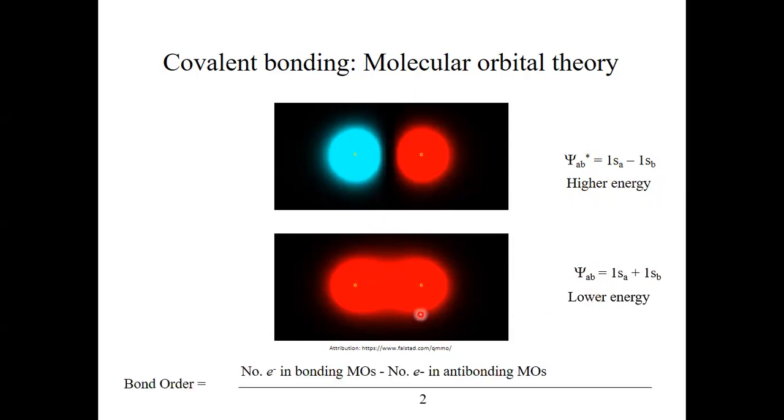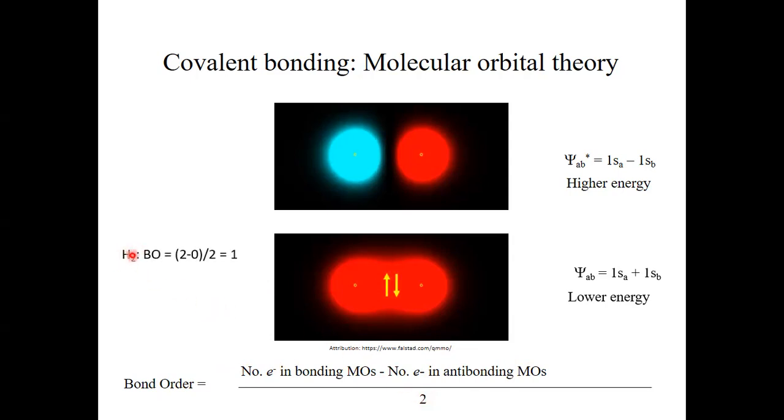Okay, now we can define the bond order as the number of electrons in the bonding MOs minus the number of electrons in the antibonding MOs, over 2. So now if we construct an H2 molecule from 2 hydrogen atoms, what would that mean in terms of bond order?